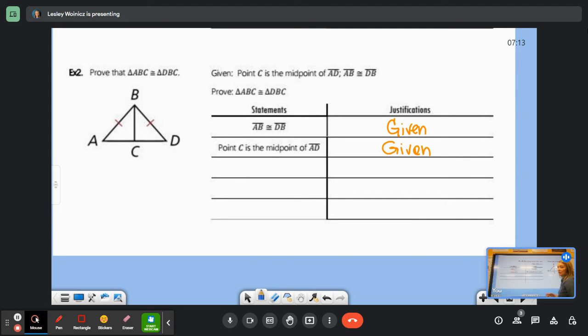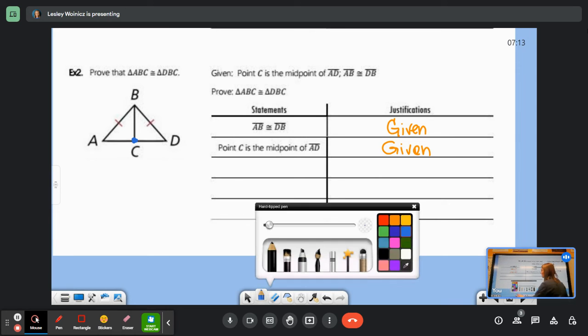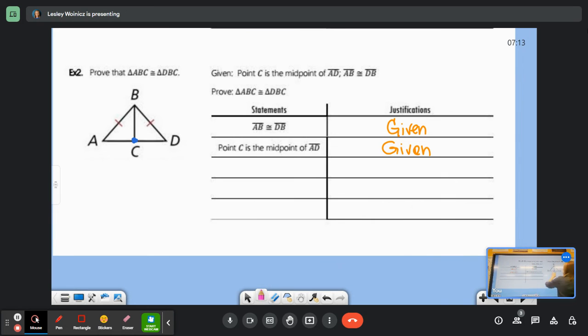Now, if they're telling you that a point is a midpoint, we're probably going to have to use that definition in our proof. And sure enough, if we know that point C is the midpoint, we're able to conclude that side AC is congruent to side DC because of the definition of midpoint. Like, we had to use it.